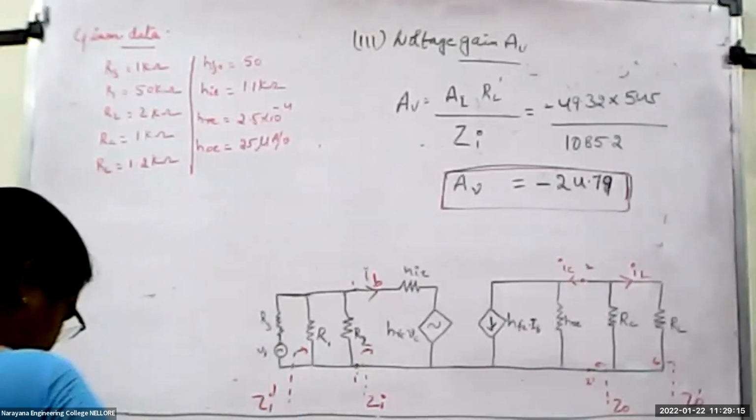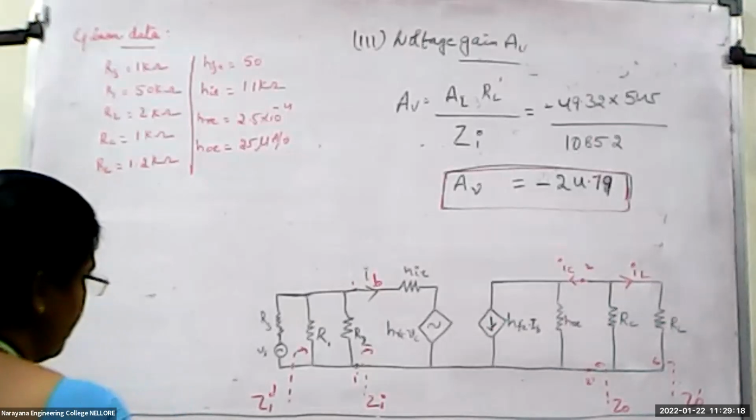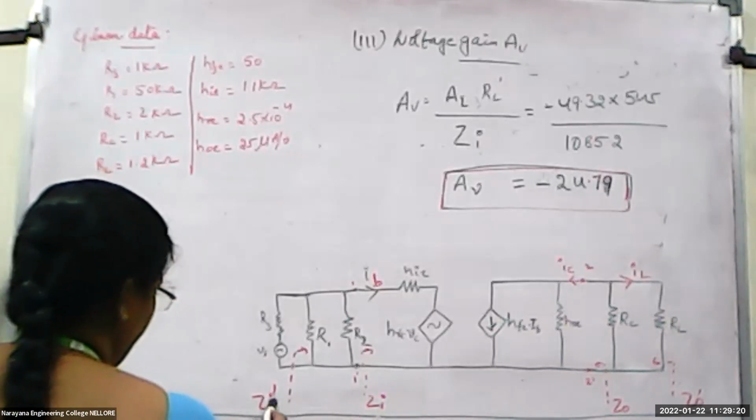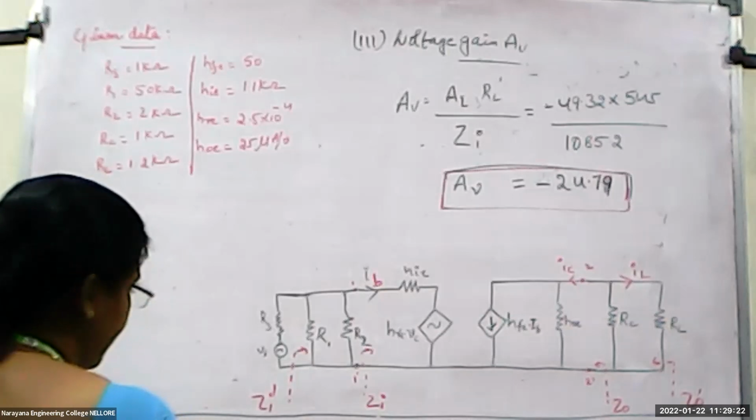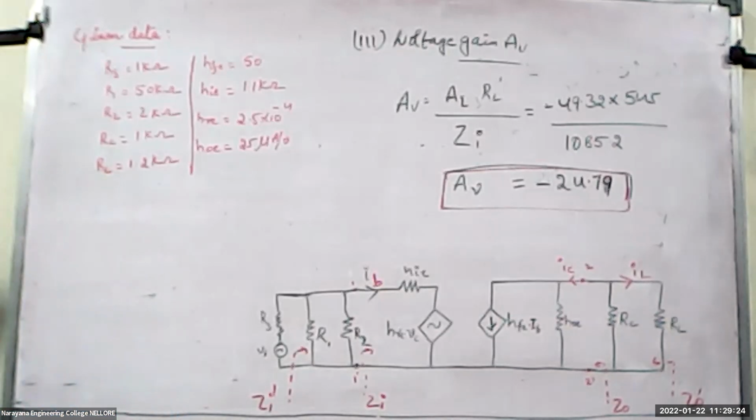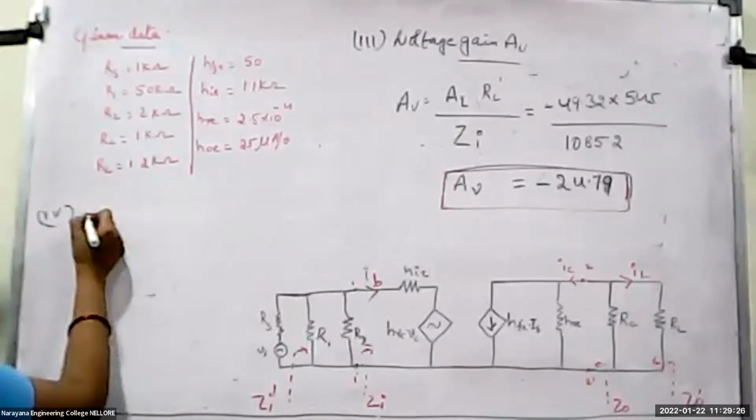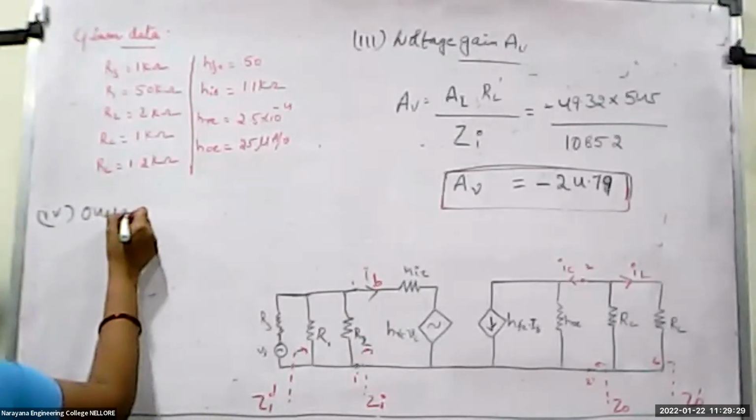So next one is overall input impedance. You calculated Zi. Now you have to calculate overall input impedance Zi dash.